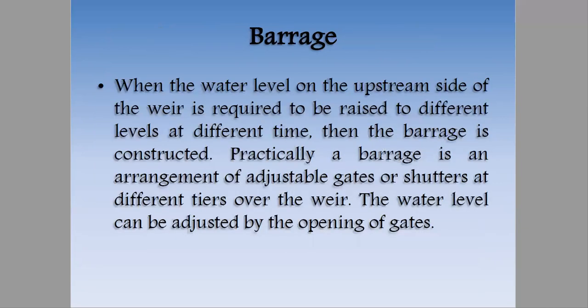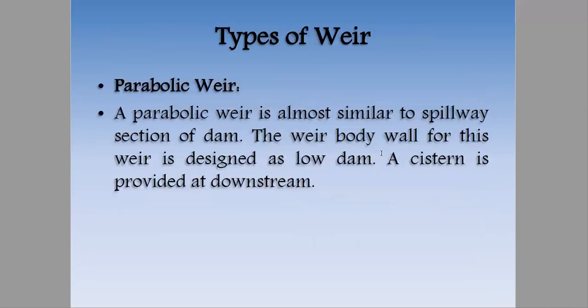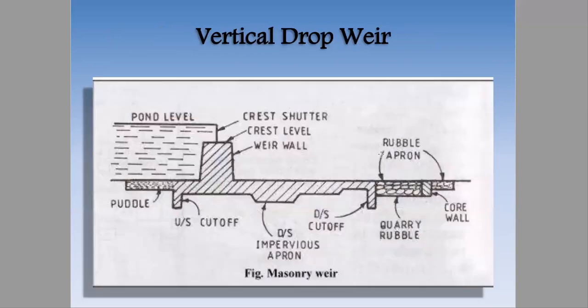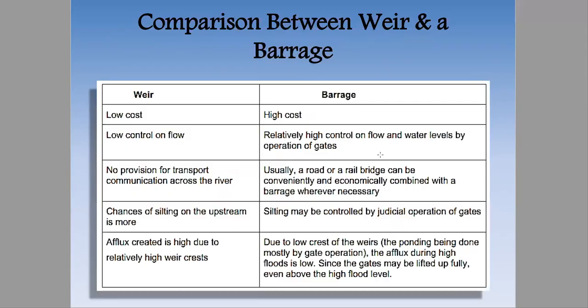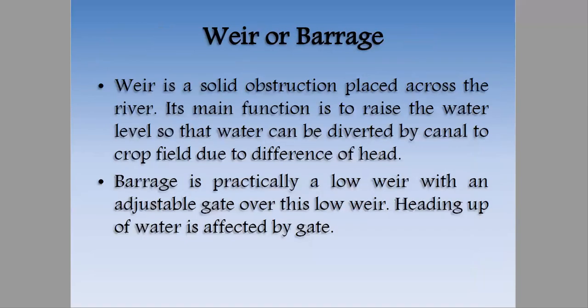We'll start with barrage in the coming lecture. Till then, what we have studied, just try to recall each of them. We have started with weir and barrage in this unit, and we studied what is the difference between weir and barrage.